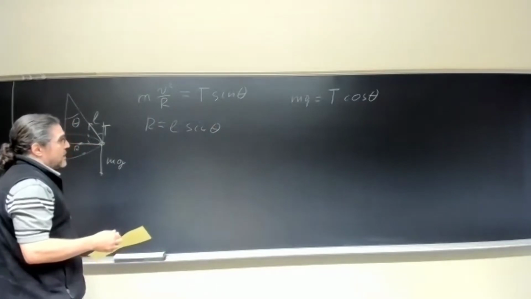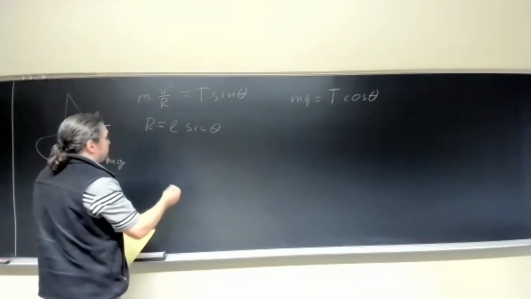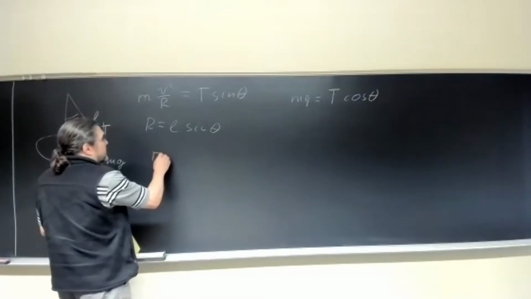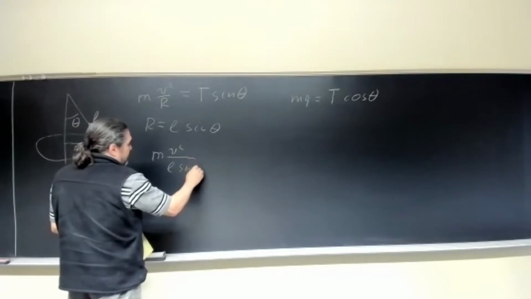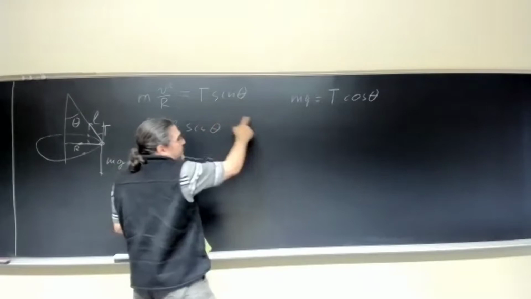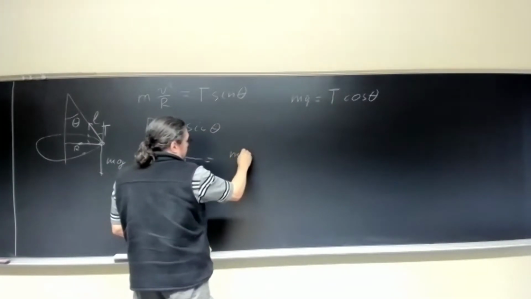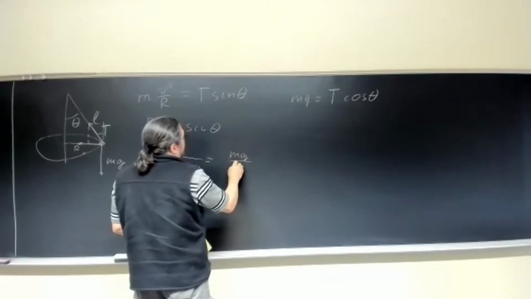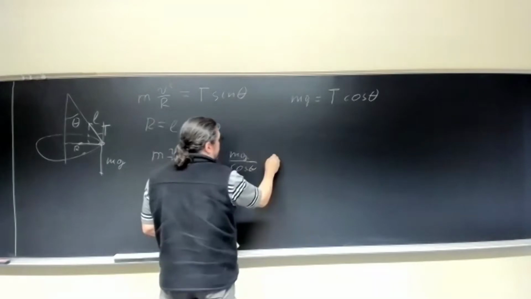So now the only thing you need to do is to substitute everything in, and what you will have then is m v squared divided by L sine theta equals T sine theta, but T equals mg divided by cosine theta. So it's mg divided by cosine theta times sine theta.